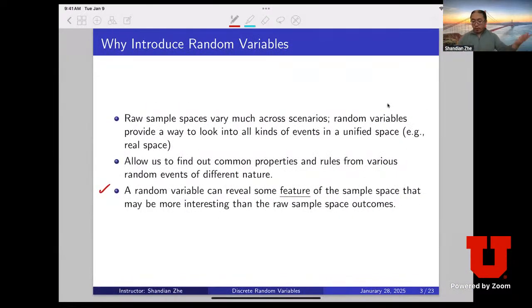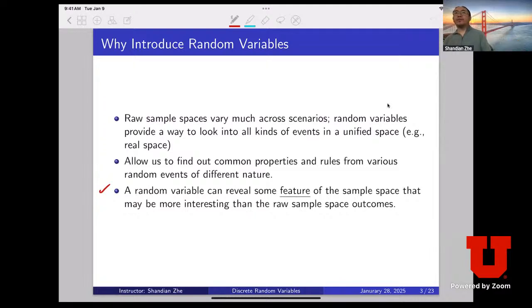We mentioned why we introduce random variables. One big motivation is that there are so many random events or random experiments in the real world, from the weather to stock pricing, from international trading to scientific experiments. There are so many.